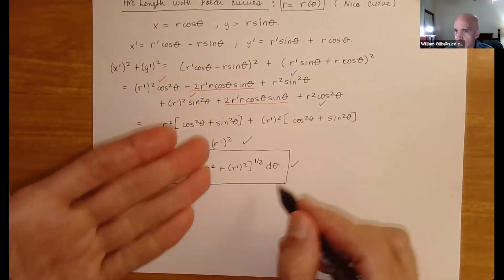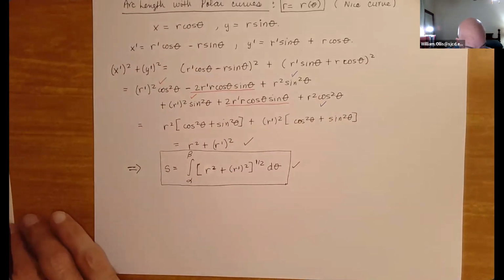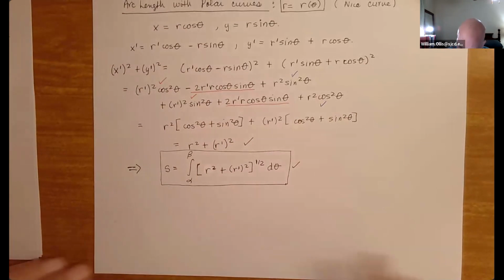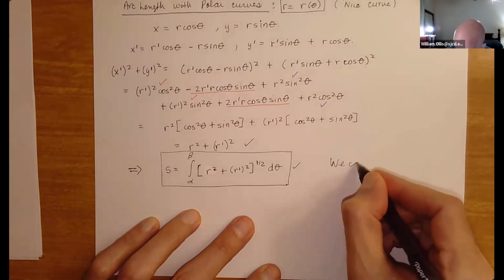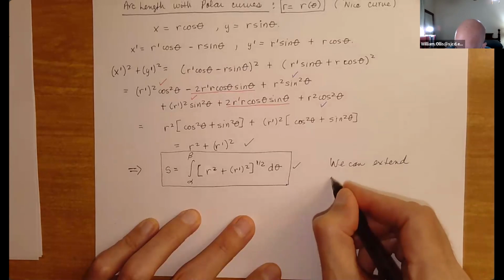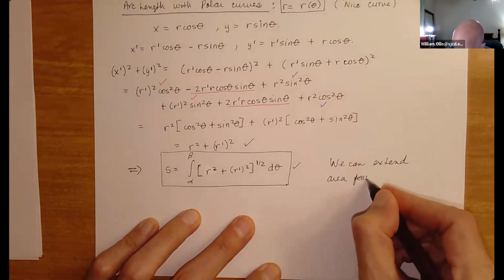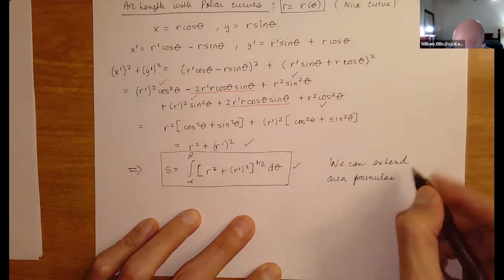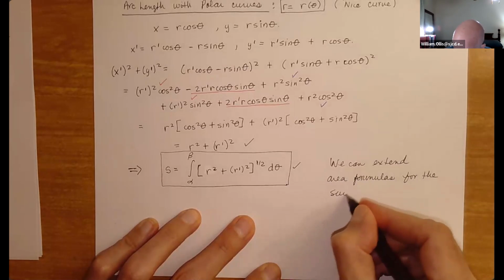And so this becomes a nice formula to put in the back pocket. And now, of course, we can extend area formulas for the surface of revolution.